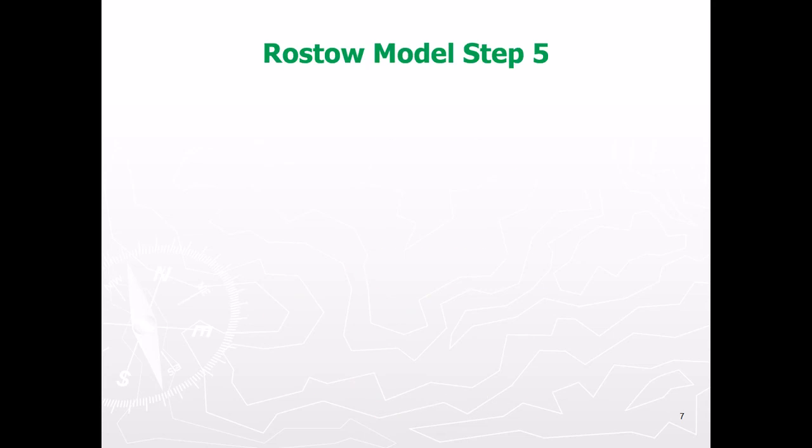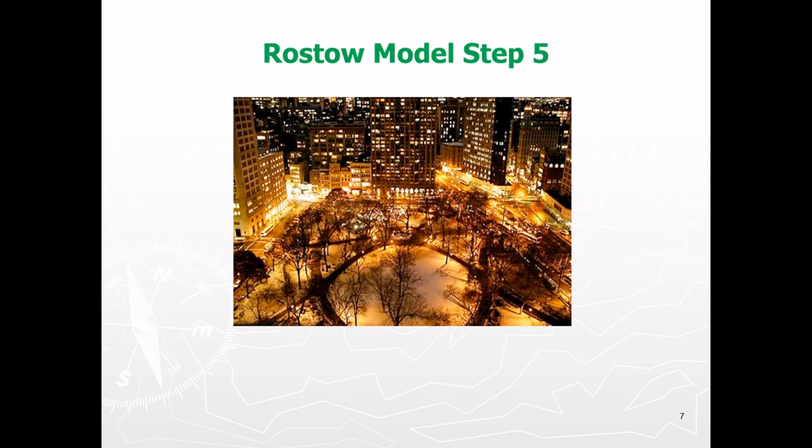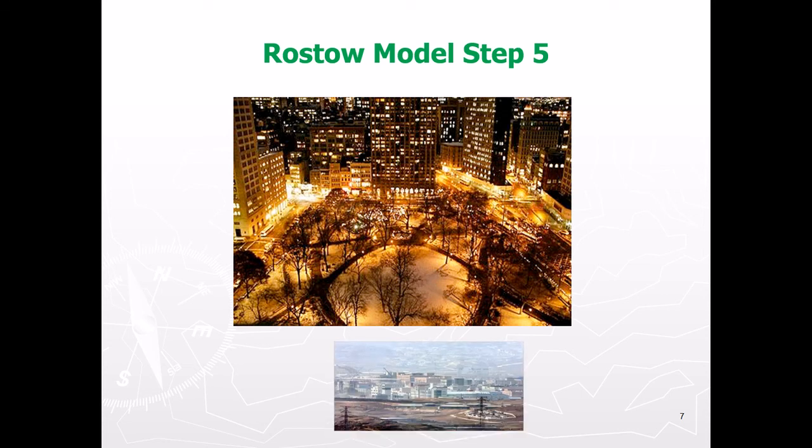Next, we have step 5, which is also called the high mass consumption. Let me take you to Madison Square Garden in New York City. What has changed? The dull industrial scenery has been replaced by beautiful urban scenery, which can be considered an icon of the high mass consumption, as Madison Square in New York provides a good sampling of the services which dominate the American economy, such as statistics, health, banking, insurance, marketing, entertainment, and so on.